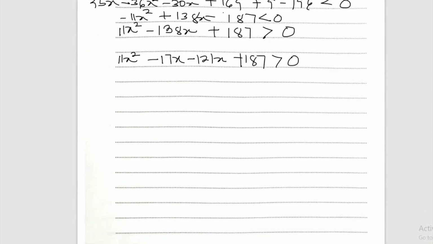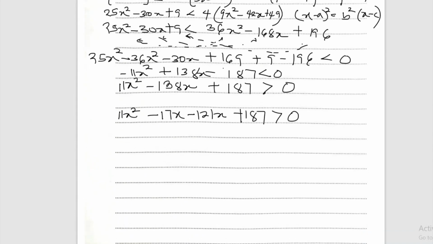So when you factorize, what do you have? x into bracket 11x minus 17. Make sure what is inside this first bracket must be what is inside the other bracket. Minus 11x minus 17 greater than 0.